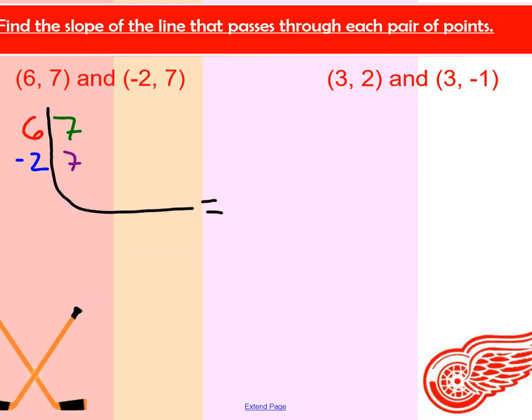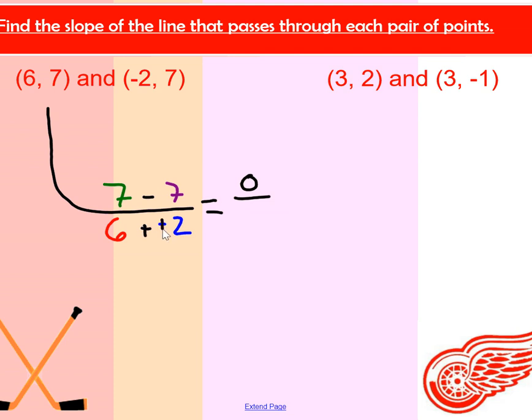I'm going to go ahead, take my 7, take my 7, take my -2, take my 6, put a minus sign between them because I have to every single time. 7 minus 7 is 0. 6 plus 2 is 8.